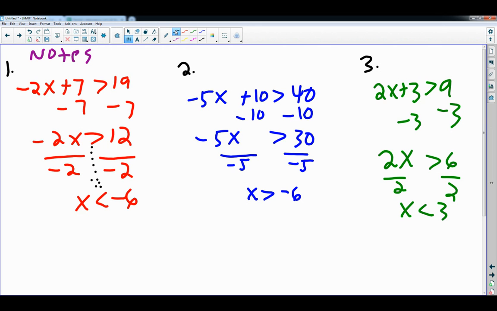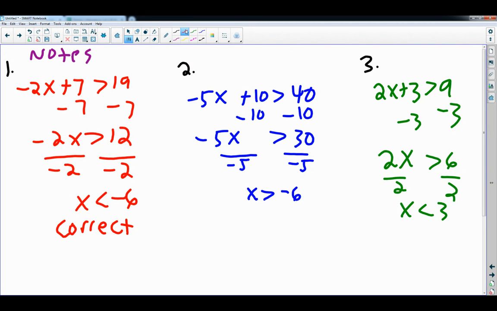This flipped, and this should have flipped because we divided by a negative. So this one is correct.